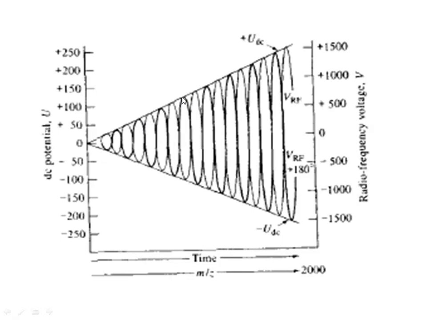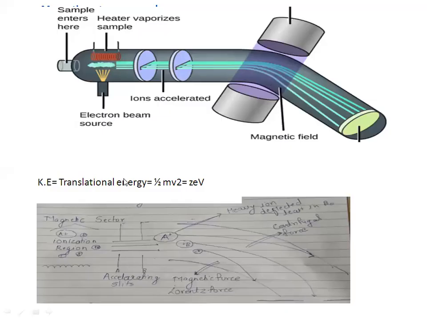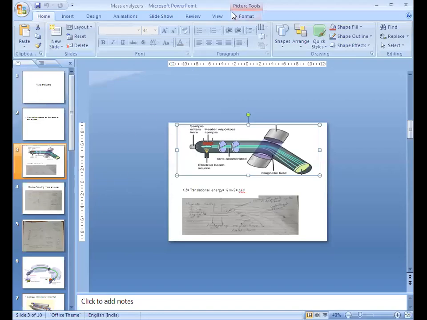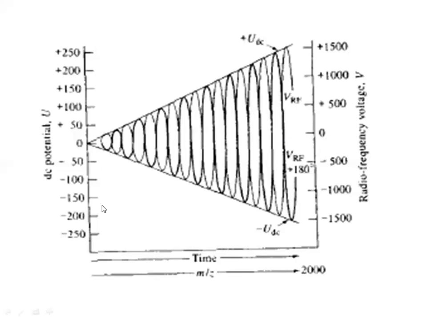The value is gradually increasing from 0 to 250 on one pair, and on the other pair 0 to minus 250.